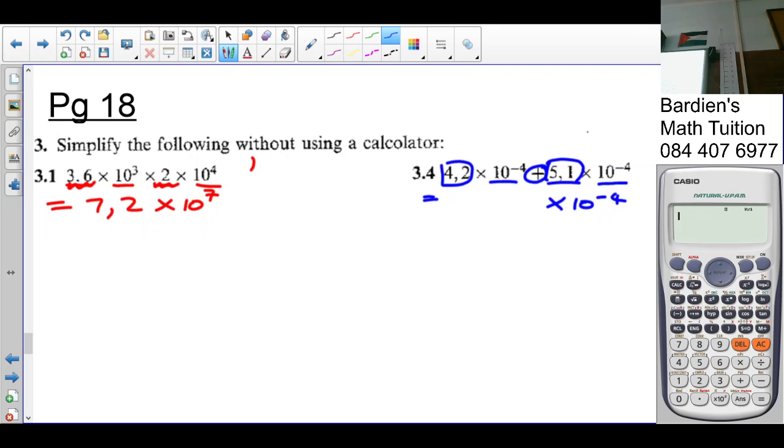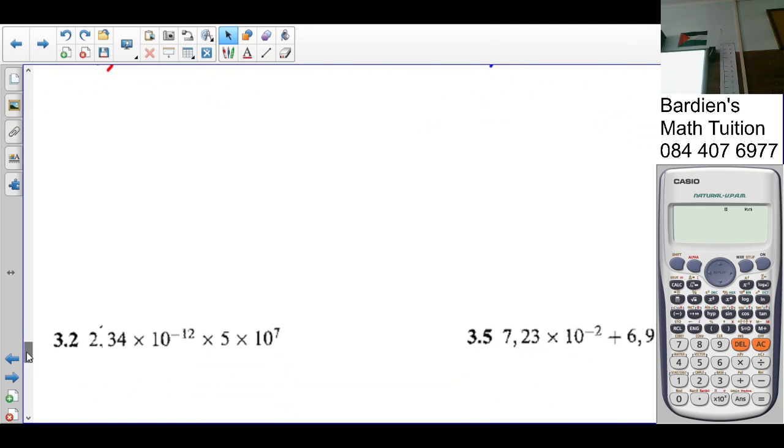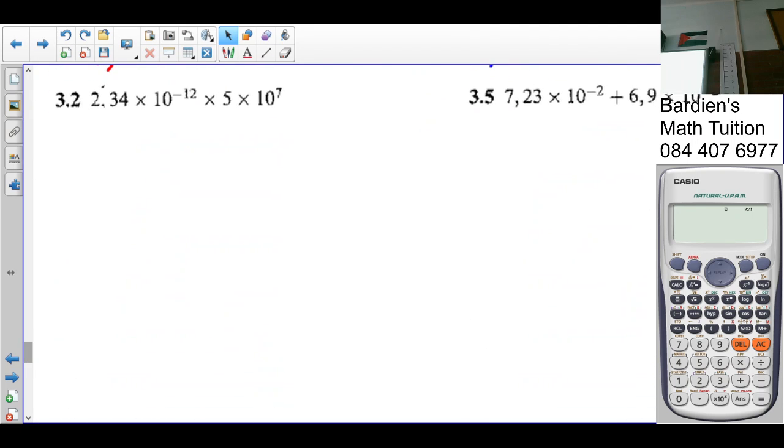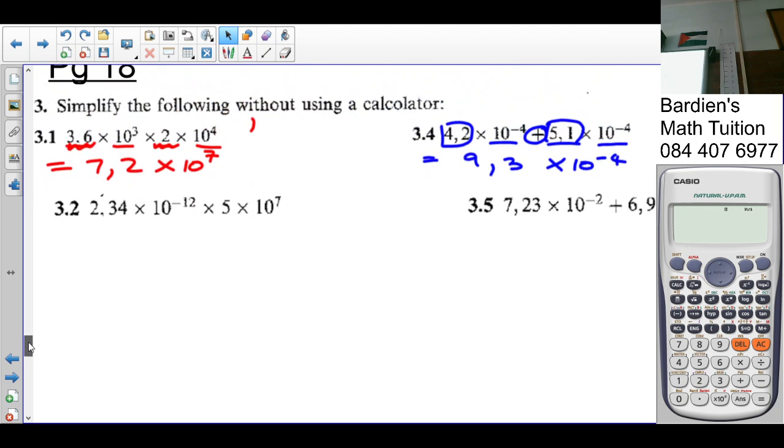So 4.2 plus 5.1 is going to be 9.3. Is that in scientific notation? Yes. Why? There's one significant figure in front of the comma. You all understand? Yes. Okay. Go to the next one. 3.2, 3.5.